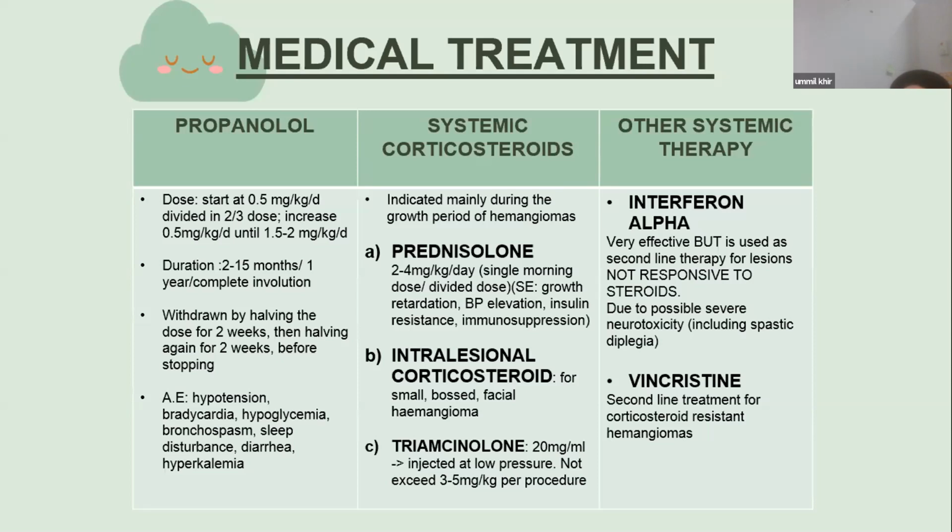Interferon alpha is very effective, but it is used as second-line therapy for lesions that are not responsive to corticosteroid, but it has a side effect of possible severe neurotoxicity, including spastic diplegia. And the last one is vincristine, a second-line treatment for corticosteroid-resistant hemangiomas.